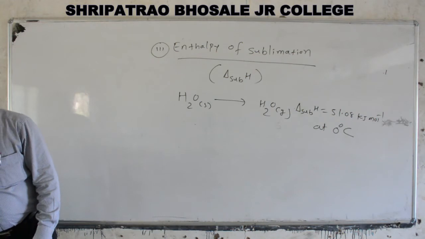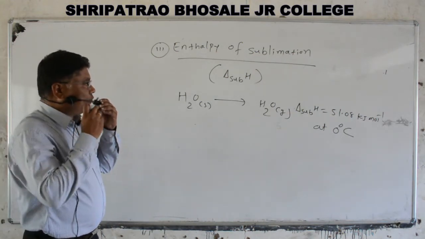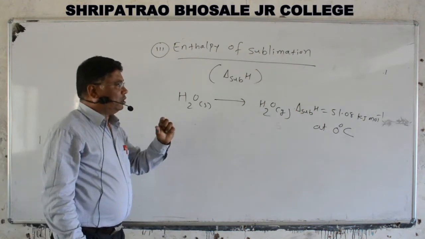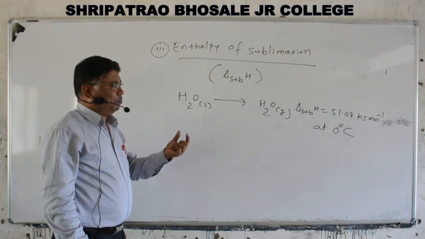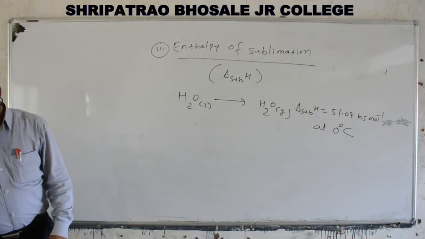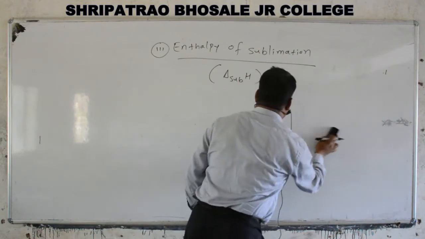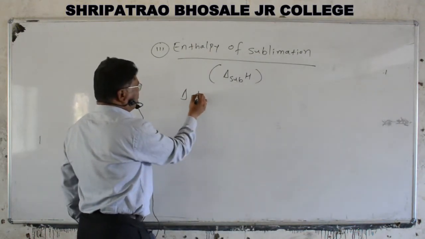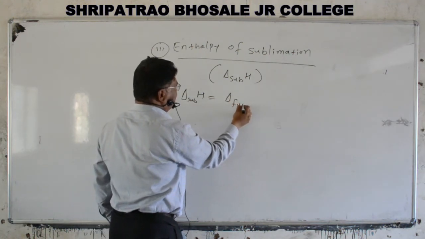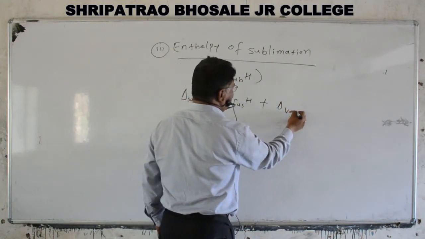Here it is important to know that we can find the relation between enthalpy of fusion, enthalpy of sublimation and enthalpy of vaporization. Enthalpy of sublimation is equal to enthalpy of fusion plus enthalpy of vaporization.